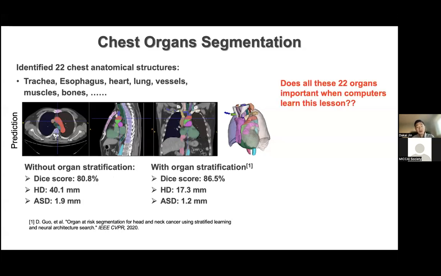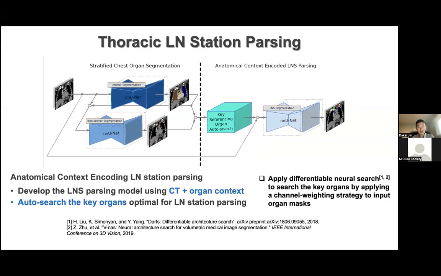However, when you determine the lymph node station boundaries, there is a natural question: are all these 22 organs important for the AI models to learn the station boundaries? Although those 22 organs are all mentioned by the guideline, not all of them may be useful for the deep learning models to learn from, because there exist organ segmentation errors, and more organs may lead to overfitting problems.